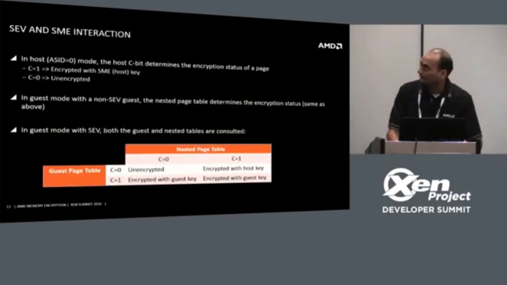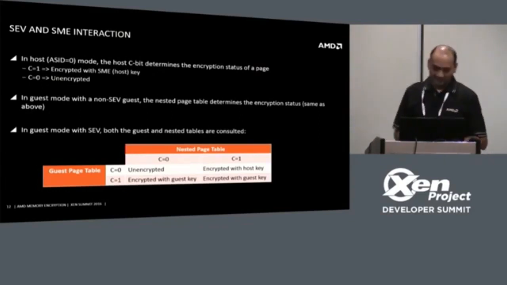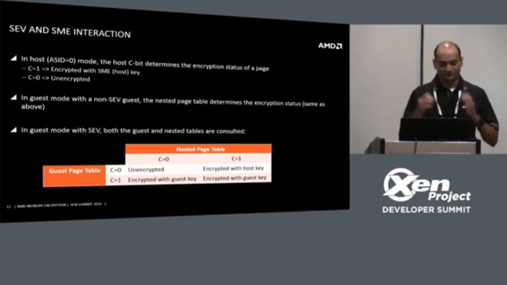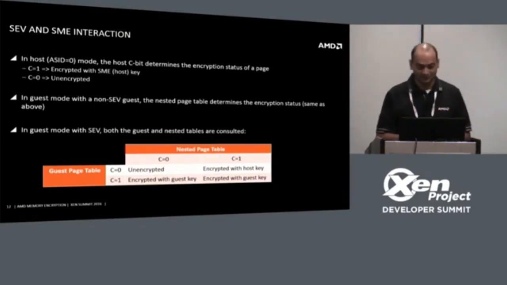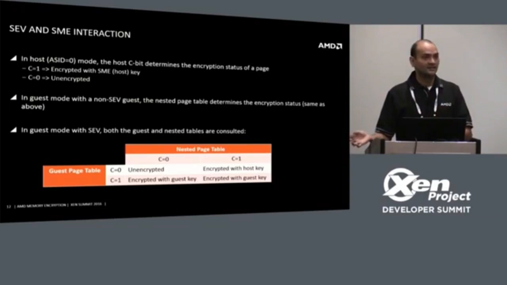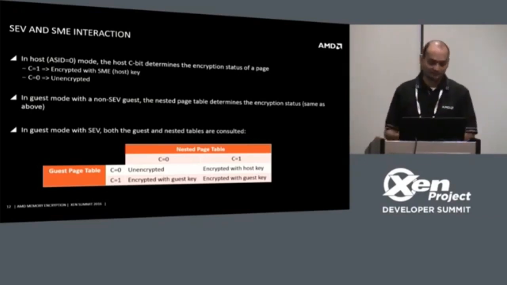This slide talks a little bit about the SEV and SME interaction. I think it summarizes pretty well. If we are on the host, which is ASID 0, inside the hypervisor, then the C bit of the hypervisor page table determines what keys to use. If the C bit is set, it means it is going to use the host key.